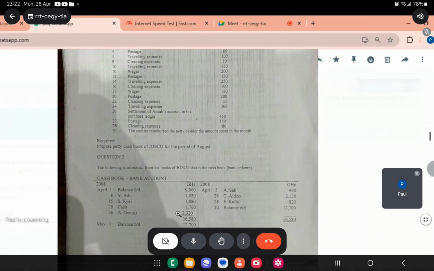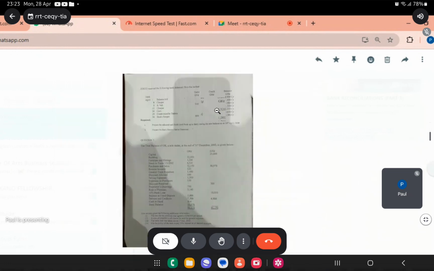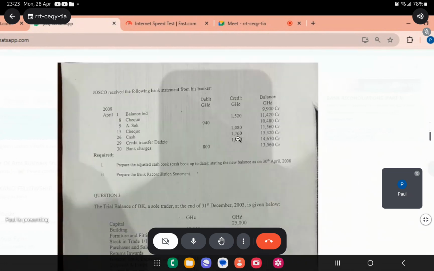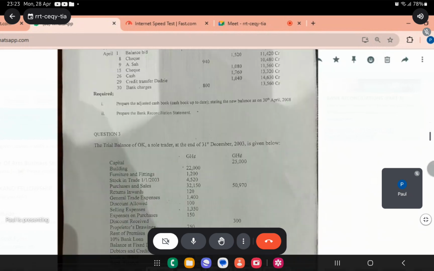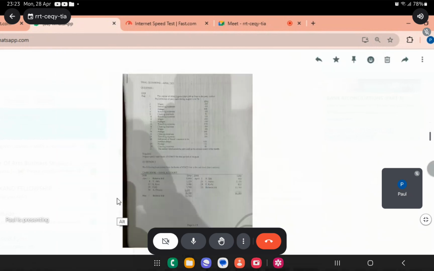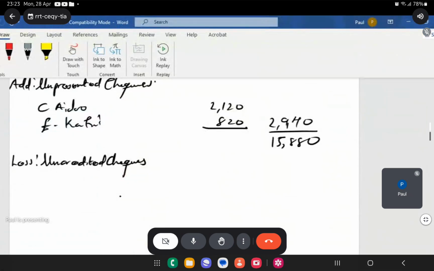A Owusu's is 2,320. Can you see it on the credit? No, it's not there. So A Owusu's amount, 2,320, should be subtracted. When you subtract it, what do you get?